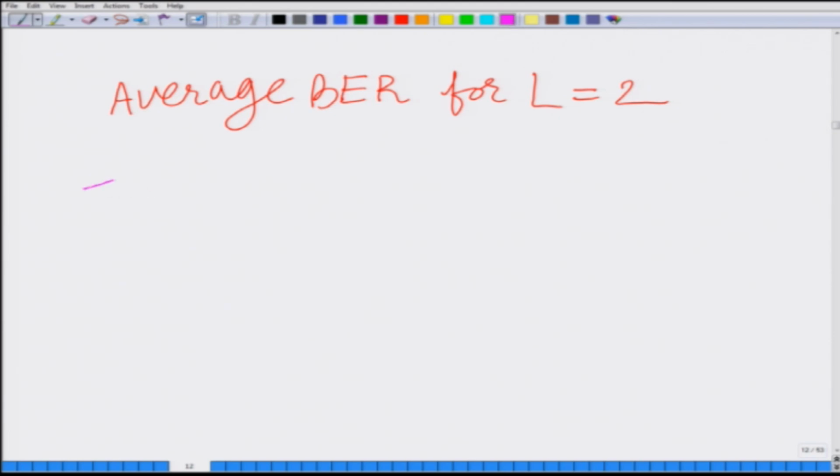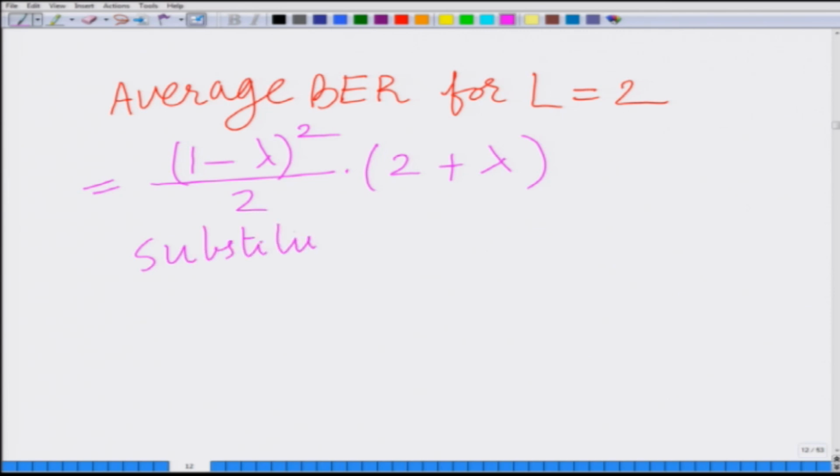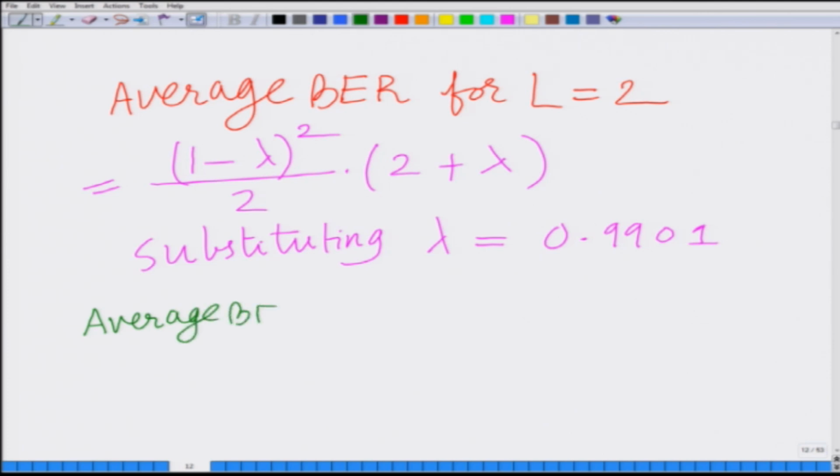Remember, this is given as (1 minus lambda) whole square divided by 2 times (2 plus lambda), and substituting lambda equals 0.9901 as we have derived just now, we get average bit error rate 7.2564 into 10 to the power of minus 5.